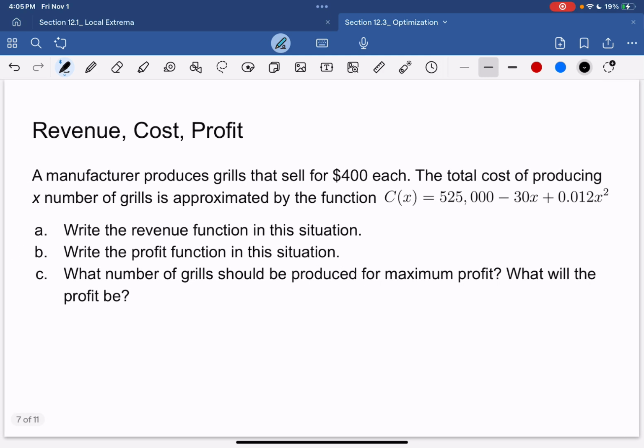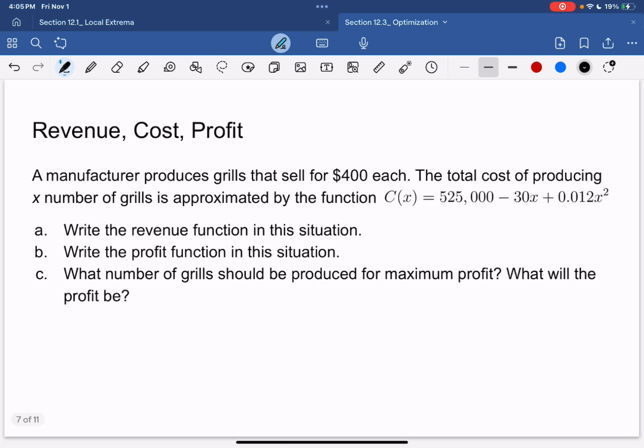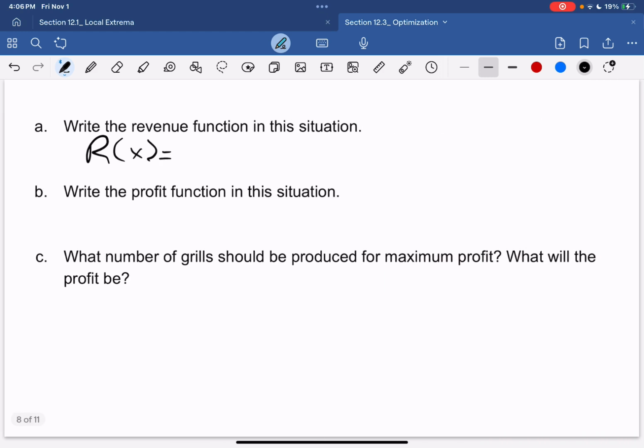So first I want to write a revenue function for the situation. Okay, so the revenue function is always equal to the price that we're selling the item at times the number of items sold. So we are selling at $400 a piece. We don't know how many items we're going to sell, so we'll just call that x. So our revenue is 400x.